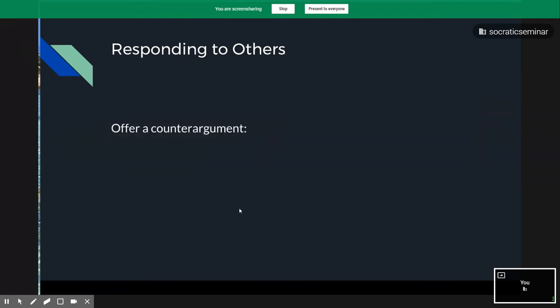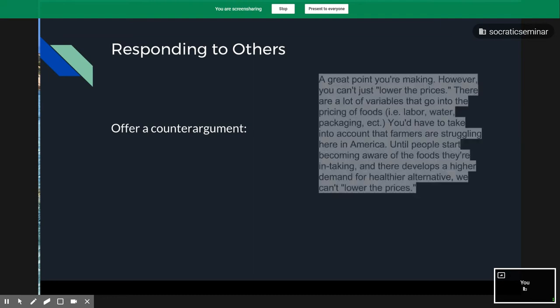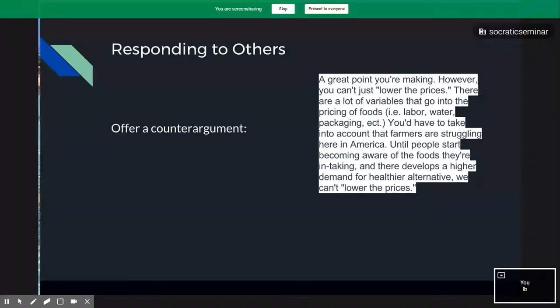The other way to respond to another student is to offer a counter argument. These are fun because if you disagree, that's always a good thing in an argument, right? You can't have a lot of people agreeing. This one was written so well. "A great point you're making. However, you can't just lower the prices. There are a lot of variables that go into the pricing of foods, i.e. labor, water, packaging, etc. You'd have to take into account that farmers are struggling here in America. Until people start becoming aware of the foods they're intaking and there develops a higher demand for healthier alternatives, we can't lower the prices."